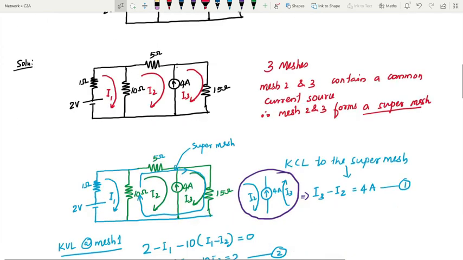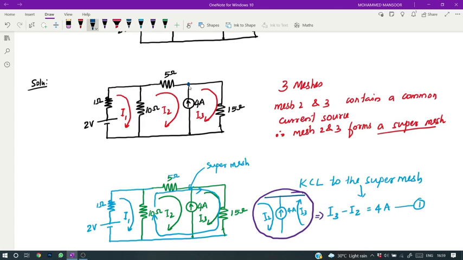So first of all, we can apply KCL at this node in the super mesh, this part. That is, this is a part of the super mesh. At this node we are applying KCL. What is KCL? Kirchhoff's current law. According to Kirchhoff's current law, the algebraic sum of currents meeting at a junction is 0. So this is I2, this current is I2, that is written over here.